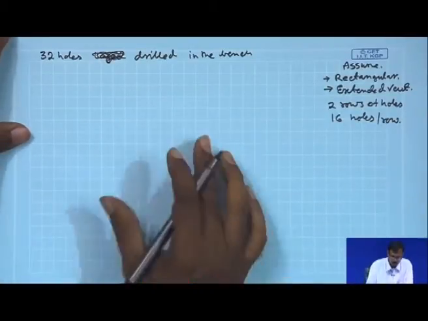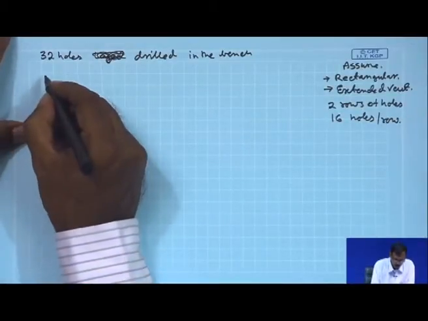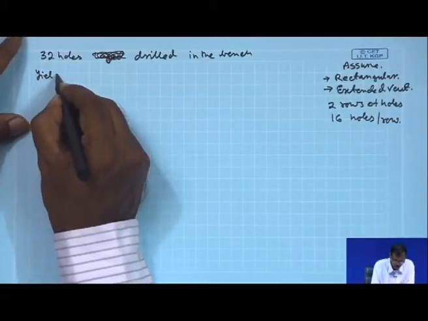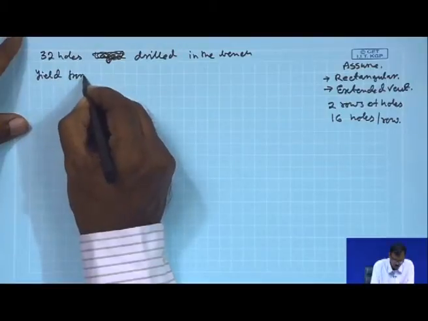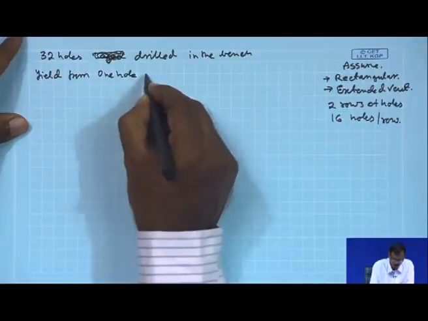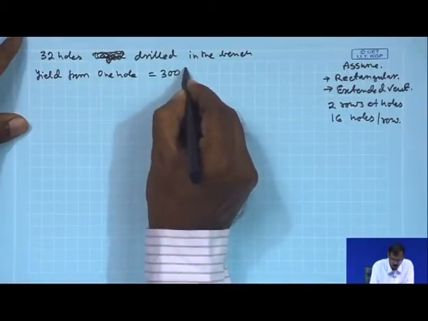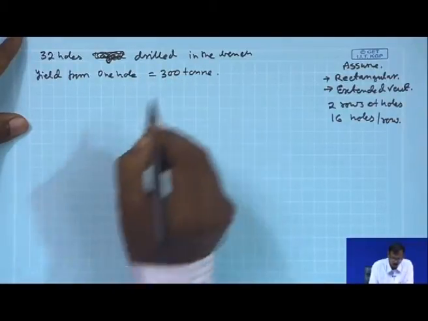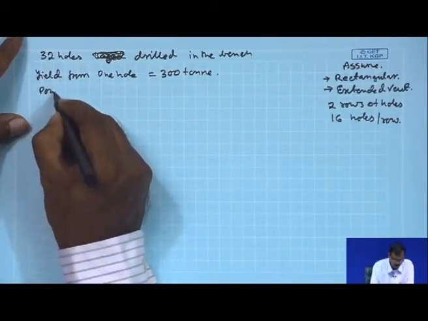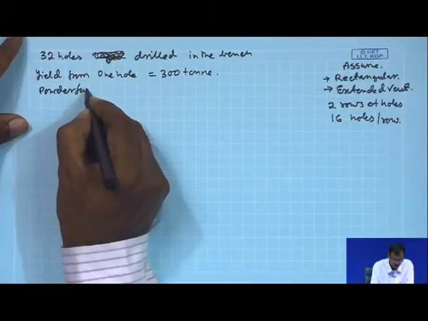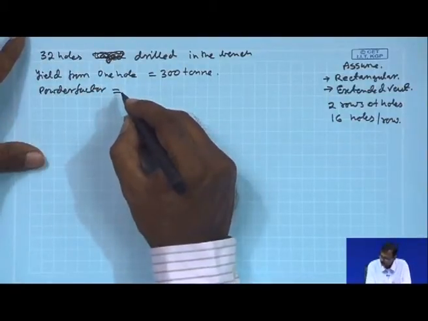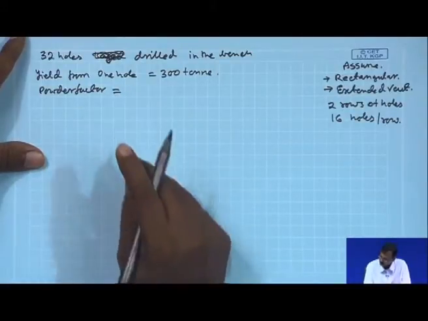We know the yield from one hole is 300 ton. Our powder factor is given in the question.